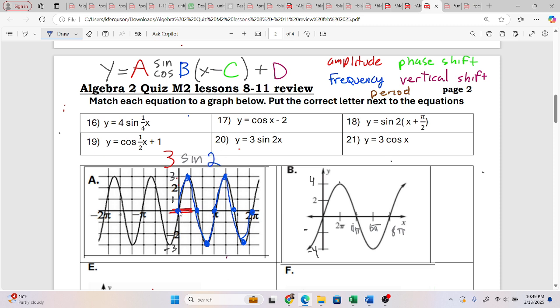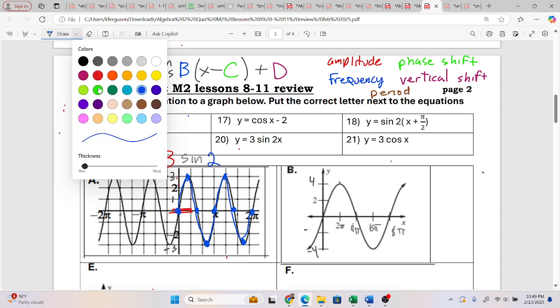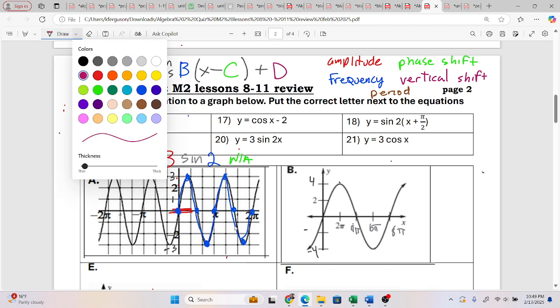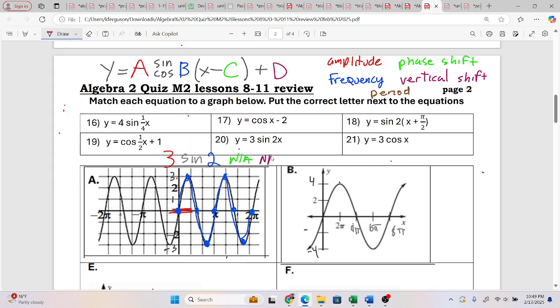Now, because my graph started at the origin, it doesn't look to have any movement left or right for phase. So there's no phase shift. And again, because my graph is sine and it's starting on the midline, which is the origin, that's telling me that there's no vertical shift either. And so bada boom, 3 sine of 2x.